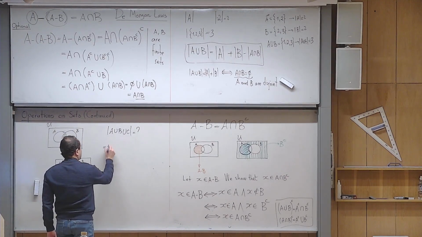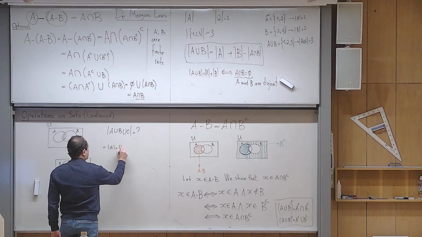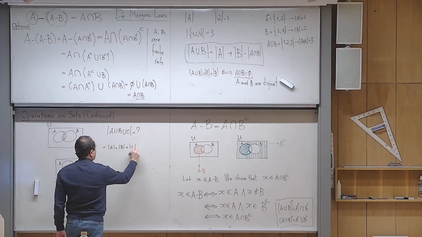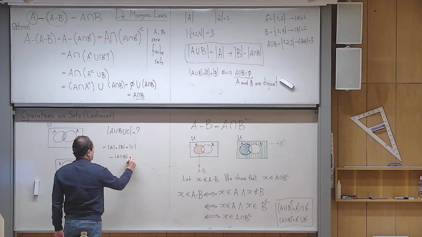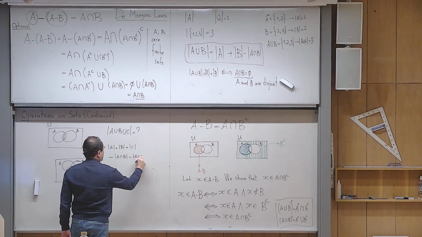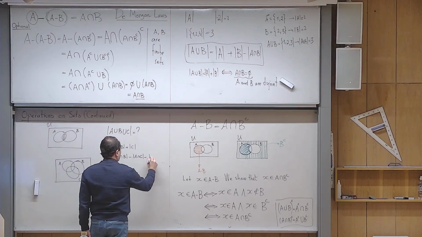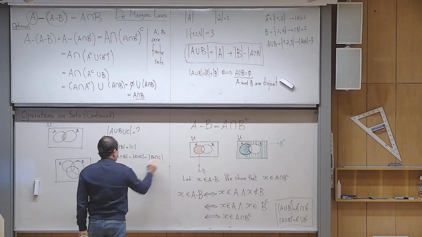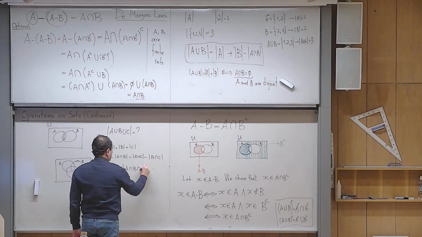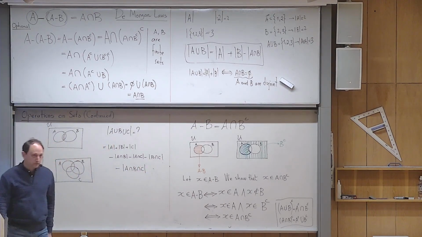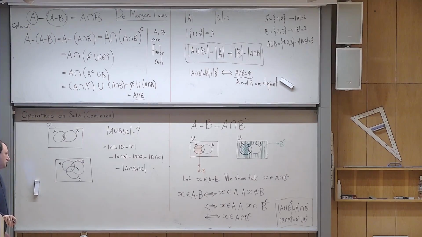The answer is cardinality of A plus cardinality of B plus cardinality of C minus cardinality of A intersection B minus cardinality of A intersection C minus cardinality of B intersection C, and then minus cardinality of A intersection B intersection C. That was your answer. So 99.9% is correct. Is there anyone to fix it?